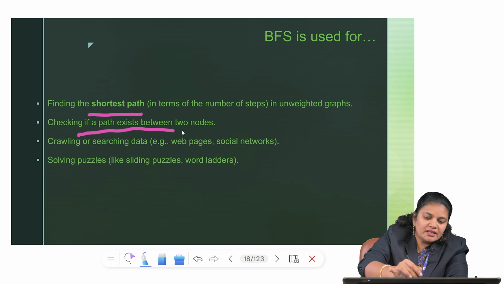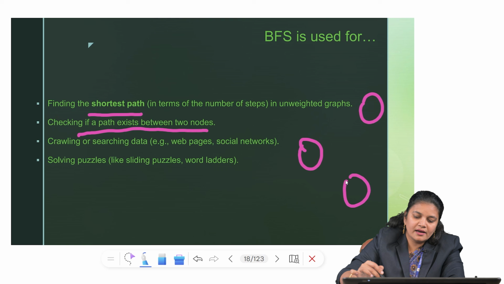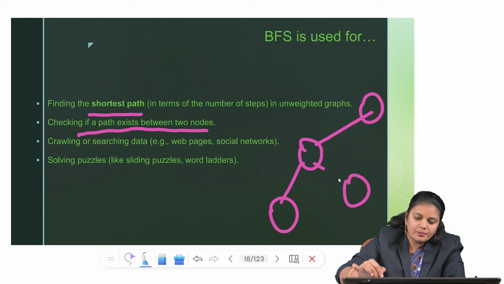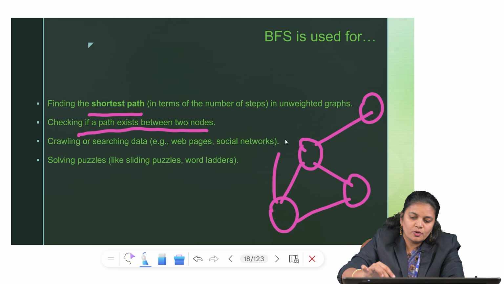It is also used to check whether a path exists between 2 nodes, because when we consider a graph, some points will be connected and some other points will not be connected.